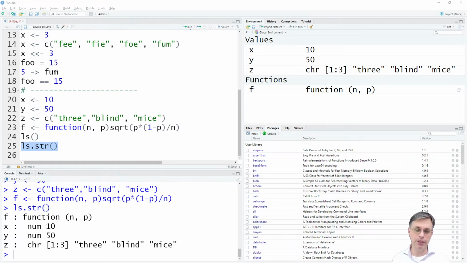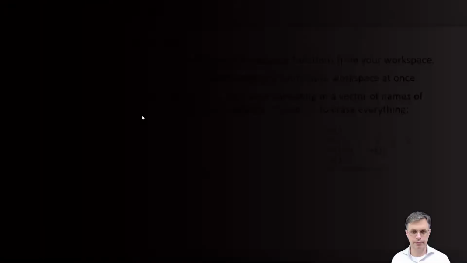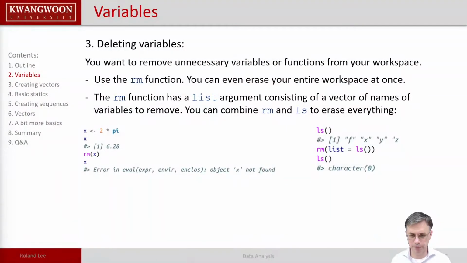The next thing we will talk about is deleting variables. So let's come to the next point, deleting variables. That means you want to remove unnecessary variables or functions from your workspace, or to erase its contents completely.